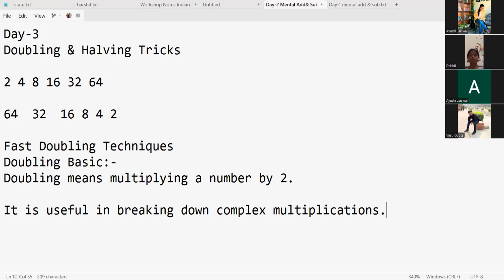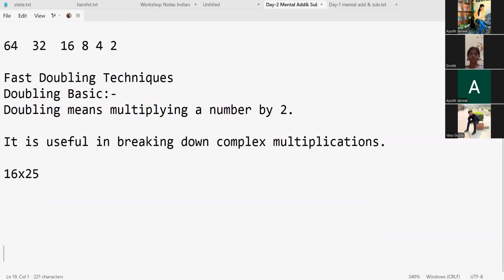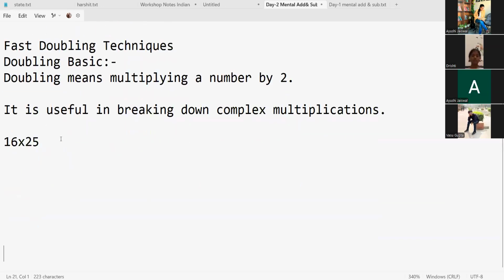So two points: first, doubling means multiply a number by 2, and second, it is used to break down complex multiplication. For example, 16 multiplied by 25. We don't know the 16 table till 25, correct? So you just do half of 16, which becomes 8, and double of 25, which becomes 50.